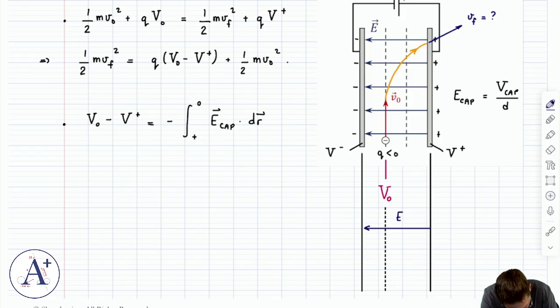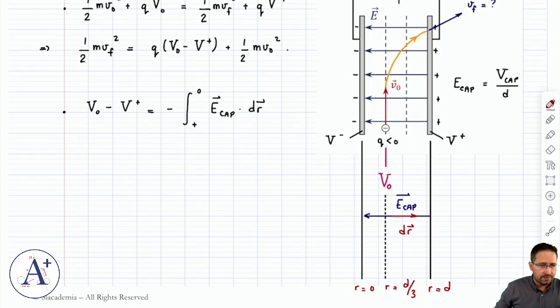That is E cap. Then I know that dr has to point in the direction of increasing r. So if this is dr, maybe I make this r equals 0. This is r equals d. This is then, of course, d over 3.